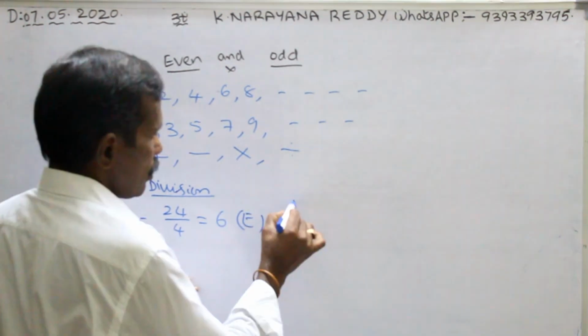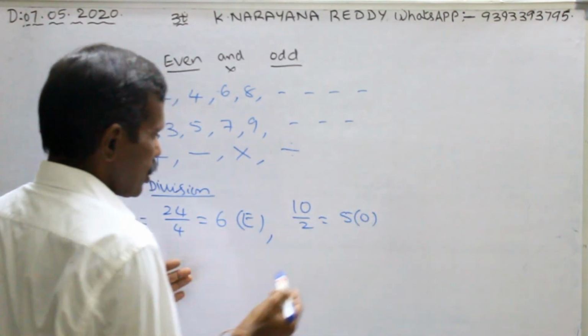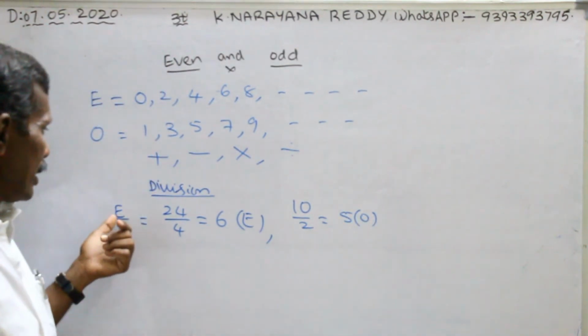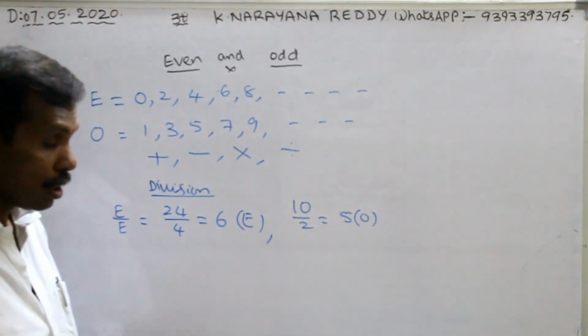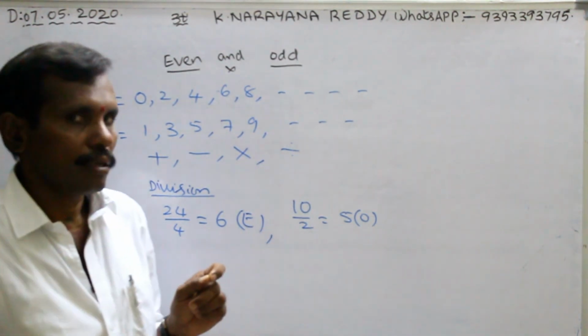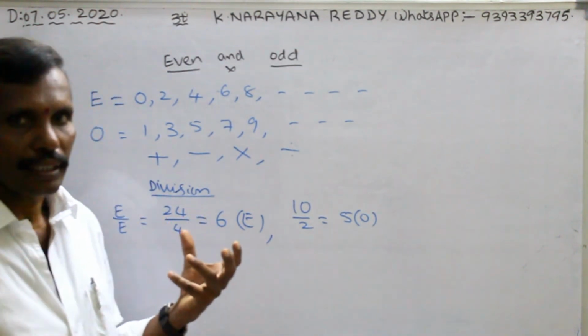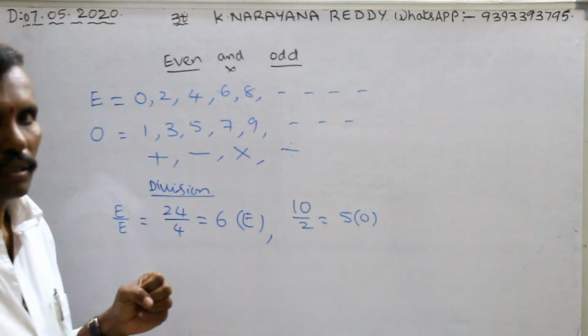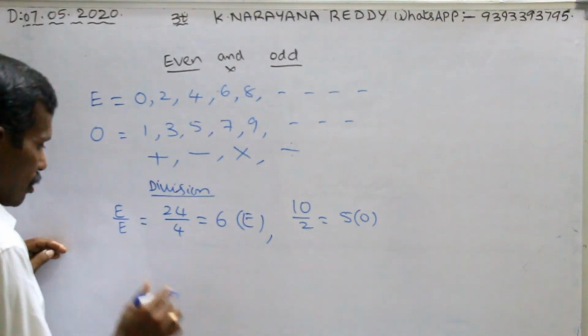In the same manner, even by even can be odd. Please observe what happened. Even by even, sometimes we get even, sometimes odd. This is a very important point in division. I will tell you deeply in future classes how to identify this.